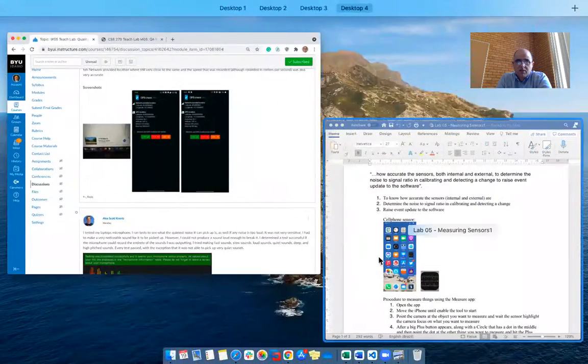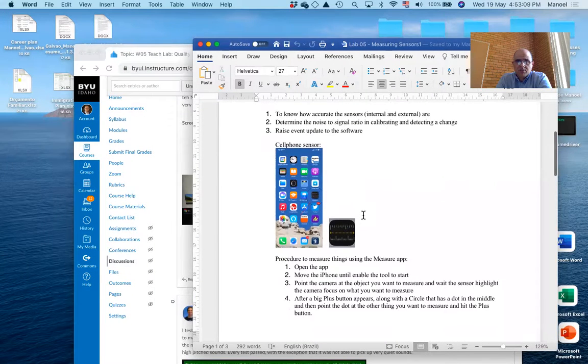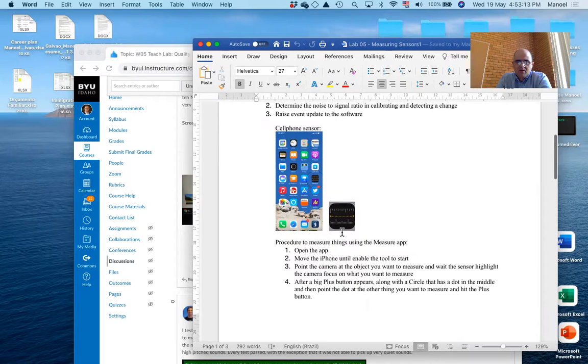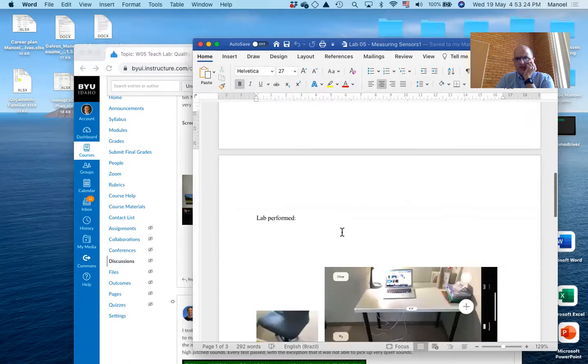The other one, let me show this. Here we see another guy chose to use the Measure app, which is basically a virtual measurement tape. We have a picture here.